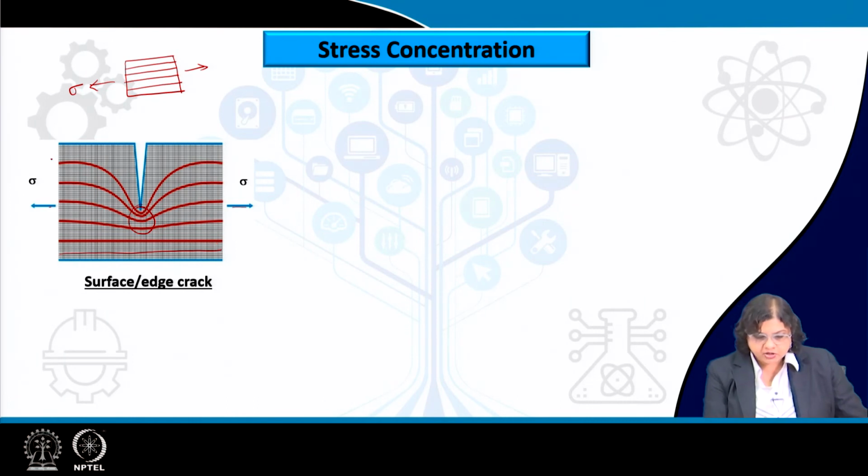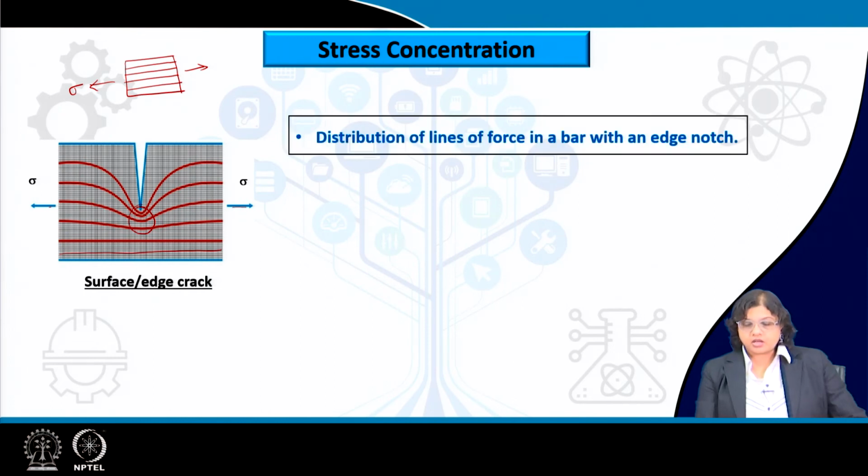But at this point, because the lines of force are getting squeezed, if we want to find the stress, stress is nothing but force per unit area. So, at this portion the stress is magnified, and that is nothing but stress concentration, and we need to figure out how much the stress concentration value is.